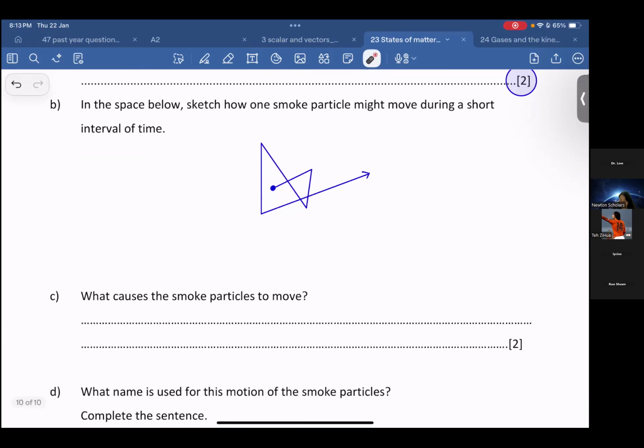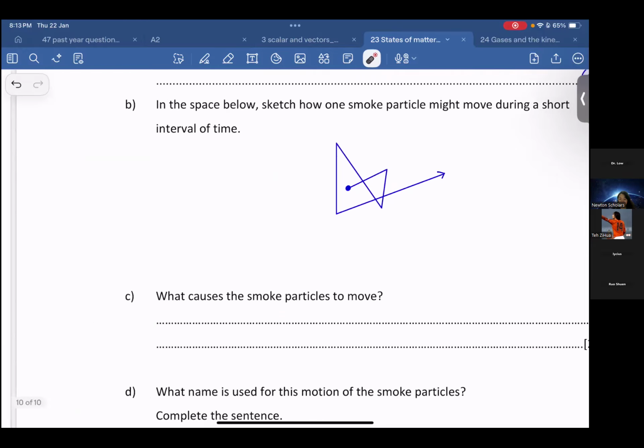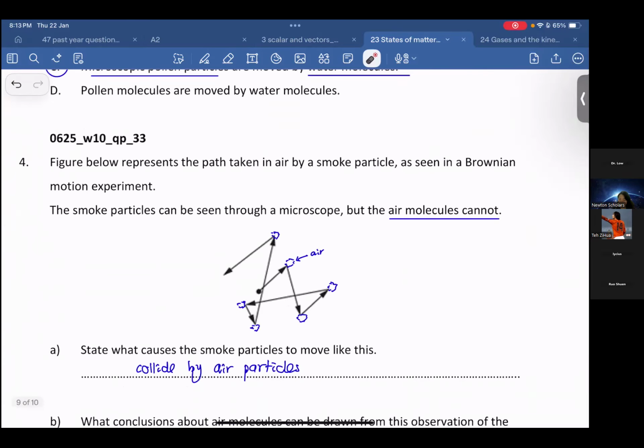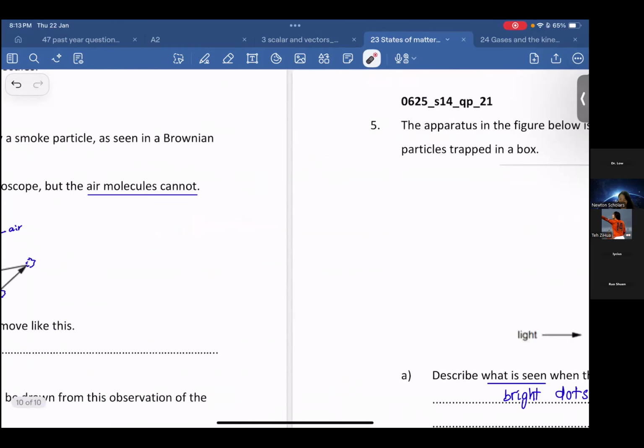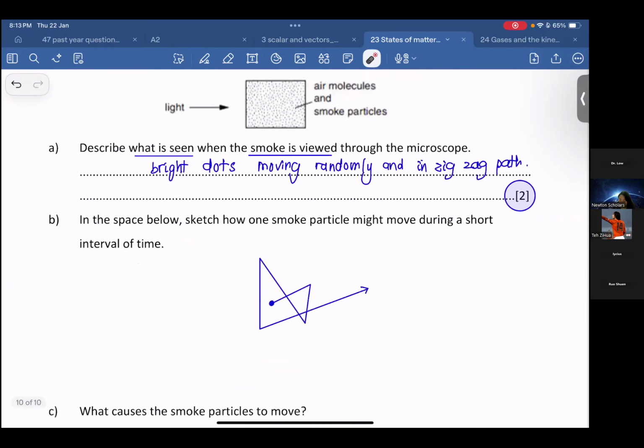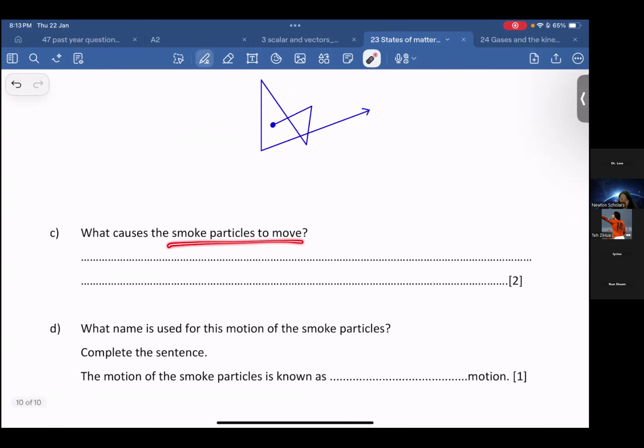What caused the smoke particle to move? You see, when we do more practice questions, the questions that they ask are almost the same. What caused the smoke particle to move like this? Same. We can say that it's collided, collided by air particles. That's all.